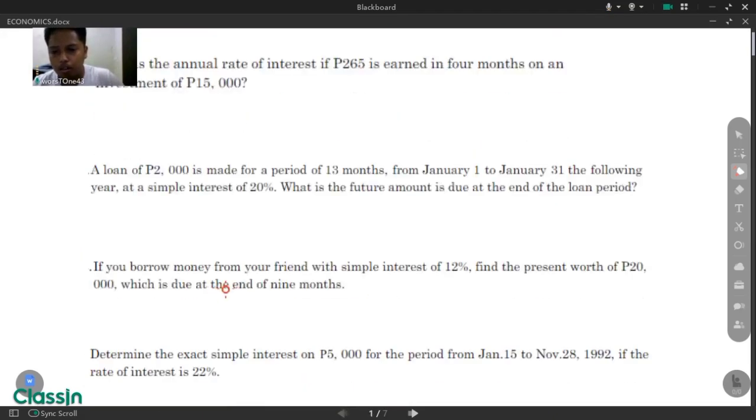If you borrow money from your friend with simple interest of 12%, find the present worth of 20,000 which is due at the end of 9 months. So we're still dealing with a simple interest problem. We're finding the present worth, so we'll be using negative exponents.